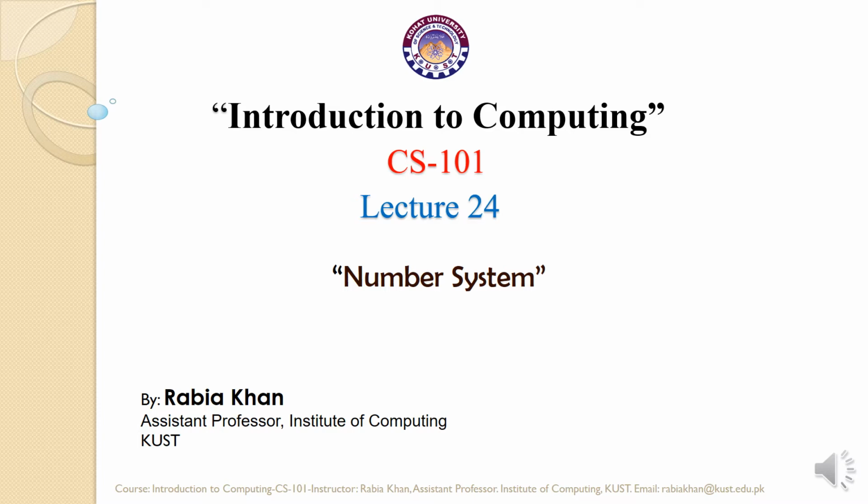So this is the last part of this number system chapter. So let's proceed our discussion and see how we can convert hexadecimal number system to its respective 3 other number systems.